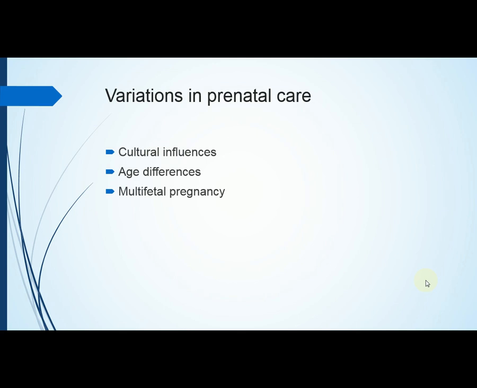And usually the diagnosis of multifetal is a little bit of a shock to most parents because they were wanting one, and they end up with more than one. So multifetal pregnancies can cause a lot of high risk after delivery as well as during delivery, such as hemorrhages. And we have to, of course, do fetal monitoring or fetal assessment on more than one baby, and it makes it a little bit harder to do prenatal care.